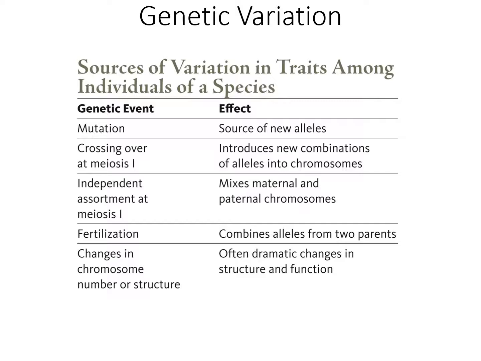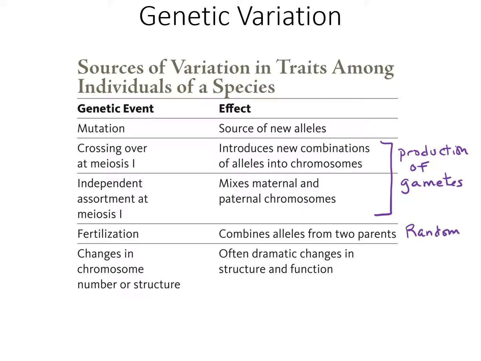Because with sexual reproduction, we've got events that occur during meiosis, so during the production of gametes, such as crossing over and independent assortment, that produce new combinations of alleles in gametes.